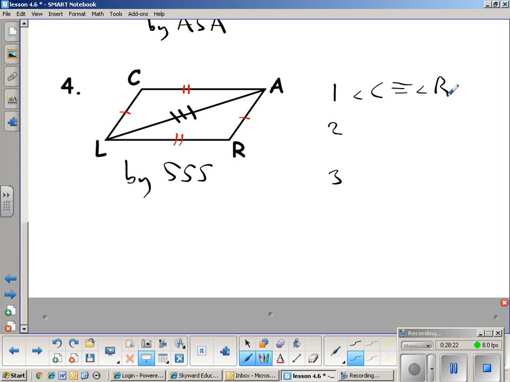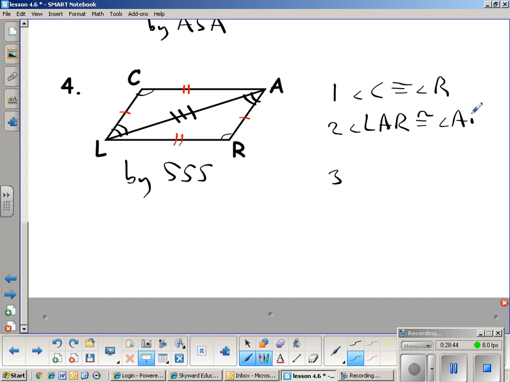You like the answer. Good job. Angle LAR is congruent to angle ALC. Sorry, I forgot to mark this. And then you said LAR congruent to angle ALC. ALC. Very good.